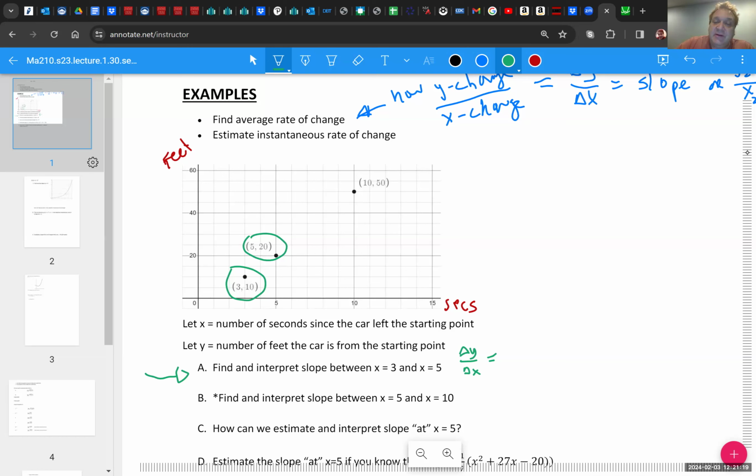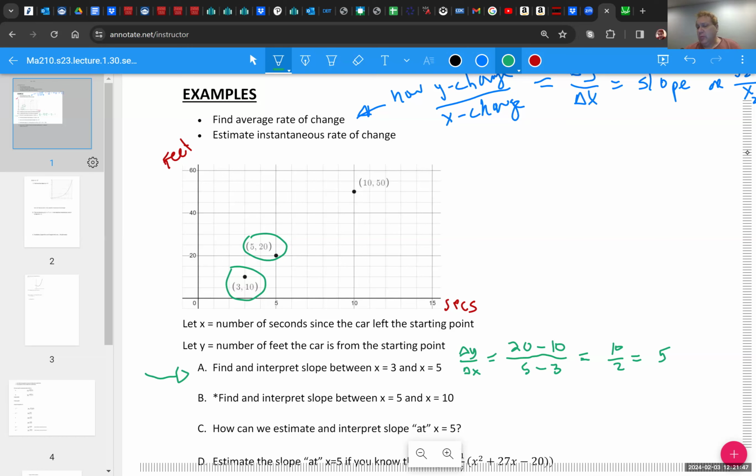I'll subtract the y values, y2 minus y1, the second y value minus the first y value, and then divide by the subtraction of the two x values. Just make sure you're consistent with which one is x1 and which one is y1. So 20 minus 10 over 5 minus 3 gives us an answer of 5. So the slope is 5.